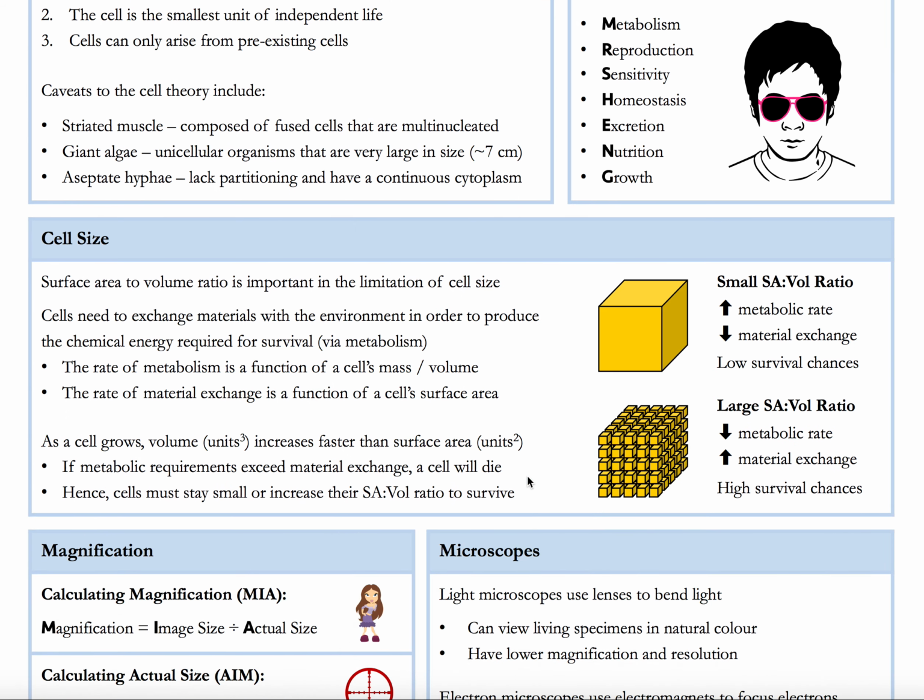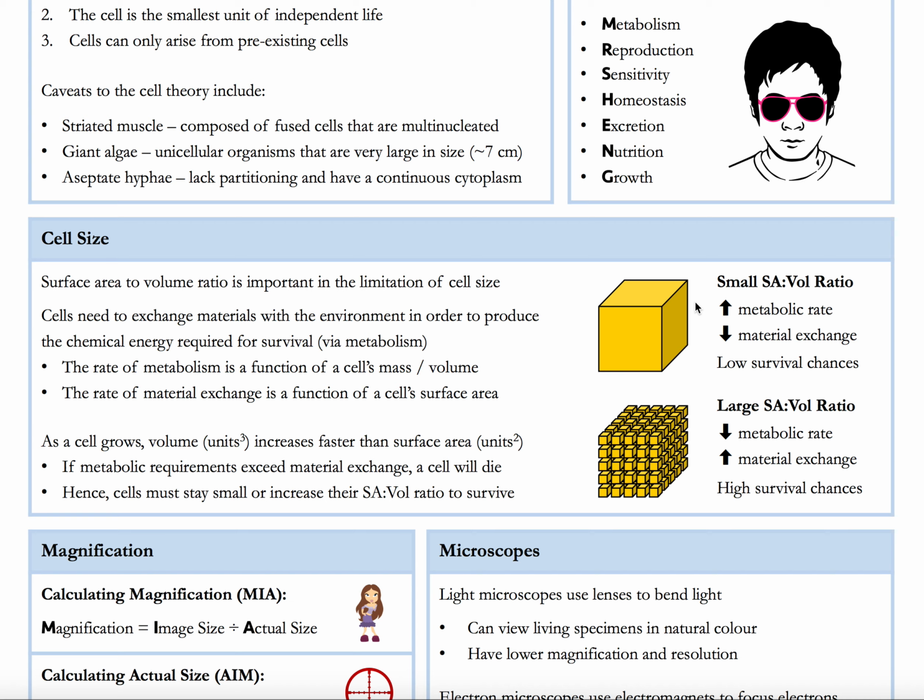Now, as a cell grows bigger, it becomes less efficient. This is one of the core concepts in 1.1. Why is that? When it becomes bigger, both the volume and the surface area increase, but the ratio of the surface area to volume actually becomes smaller.